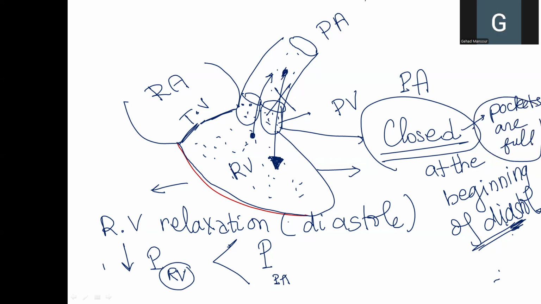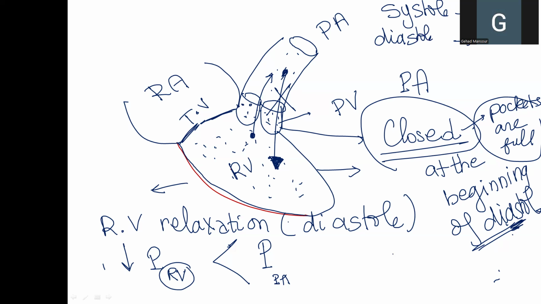So as a general rule, during the whole systole, the pulmonary valve is open to allow the passage of blood from the ventricle to the pulmonary artery during contraction. And during the whole diastole, the pulmonary valve should be closed in order to prevent backflow of blood from the pulmonary artery to the right ventricle.